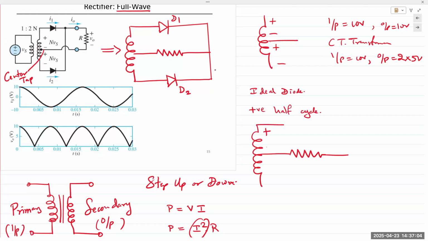You have plus at the top, minus at the bottom. Same thing for the secondary coil below the center tap. So diode D1 is forward biased, replaced with a short circuit. And diode D2 is reverse biased, so replaced with an open circuit. So D2 off and D1 on.